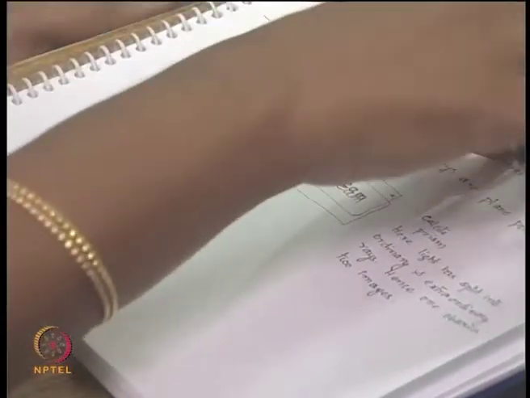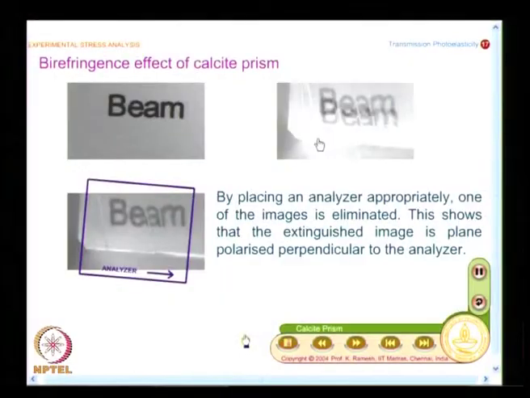So, what you see here is, in the first case when I put a crystal, I see two images. So, this indicates for a single incident ray you have two refracted beams, and I have shown by putting a polarizer, because it analyzes the light, it is named as analyzer, and when I place it appropriately, one of the images is eliminated.